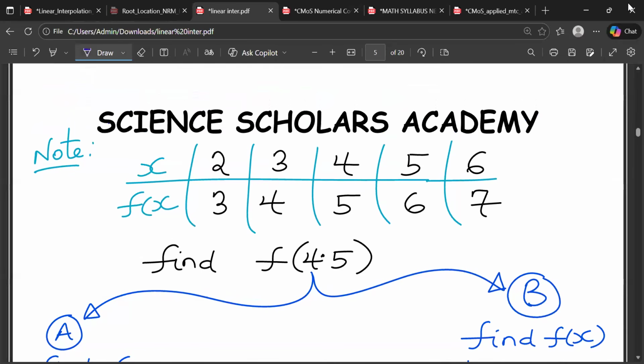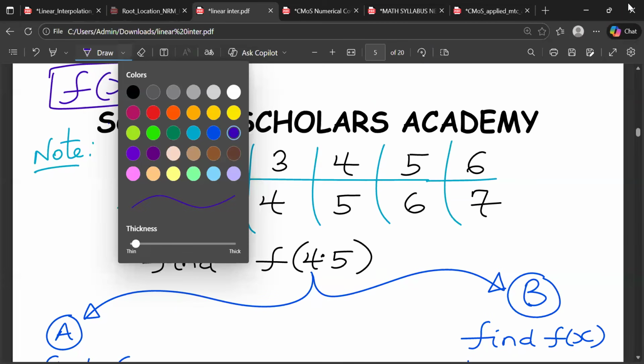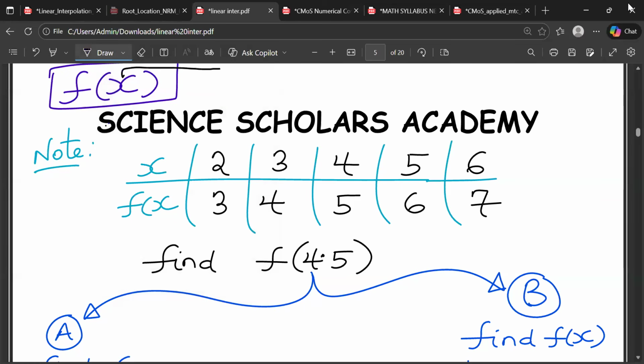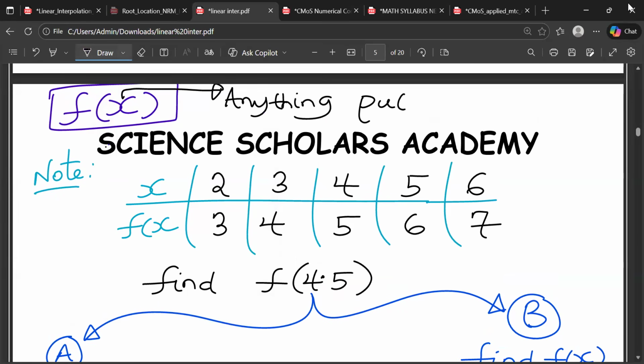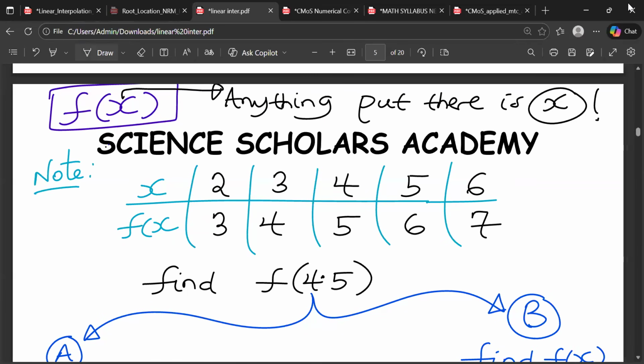The thing is like this. F of x. Whatever they replace x with, anything they put there is x.